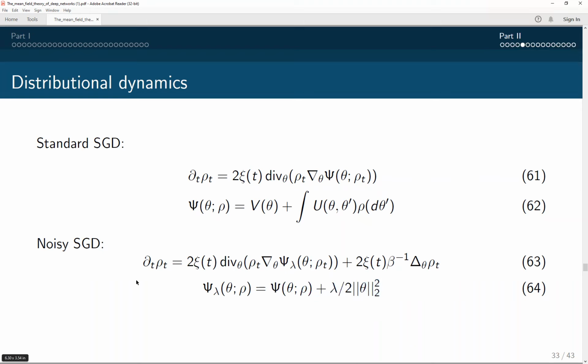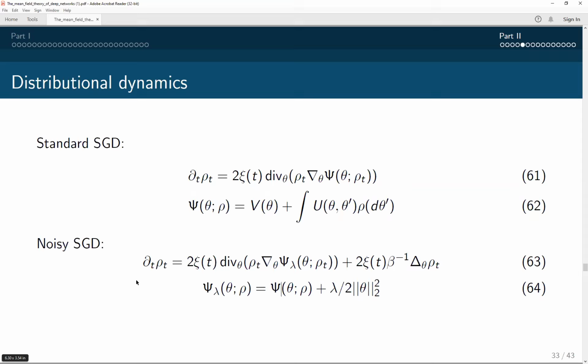I just wanted to give a brief comment, perhaps to make some connection to people if helpful. The equation on the bottom, 63, is basically a Fokker-Planck equation associated to a given stochastic differential equation, which would be the noisy SGD. Equation 63 is not the SGD itself, right?